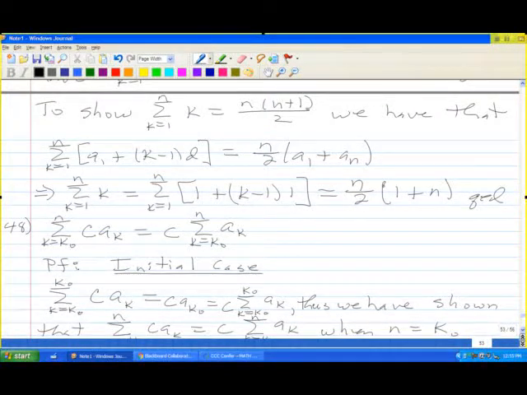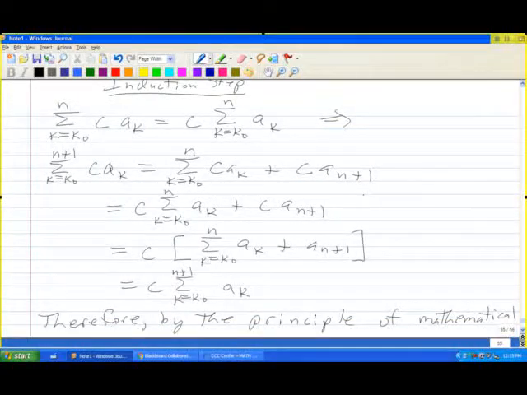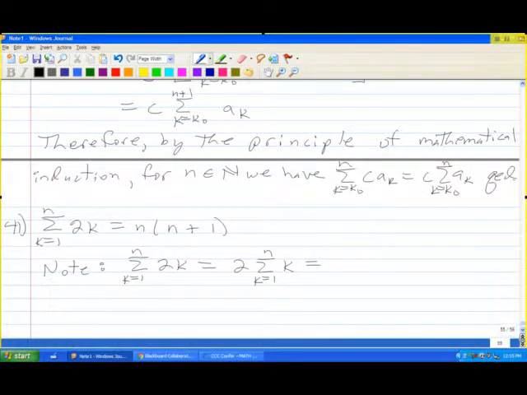We just didn't prove it by mathematical induction. We have that this is equal to n over 2 times n plus 1. So the 2's cancel, and so you get n times n plus 1, which is the formula.